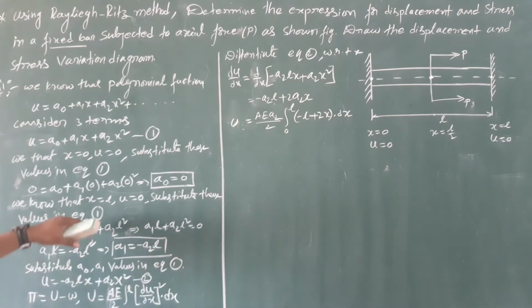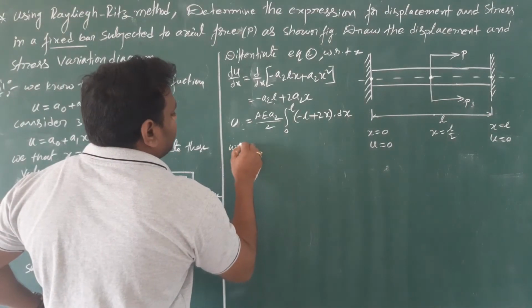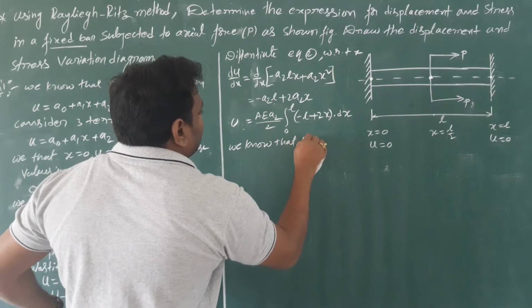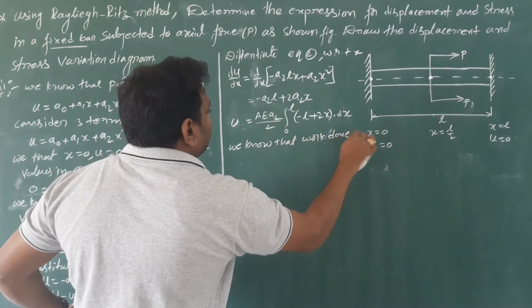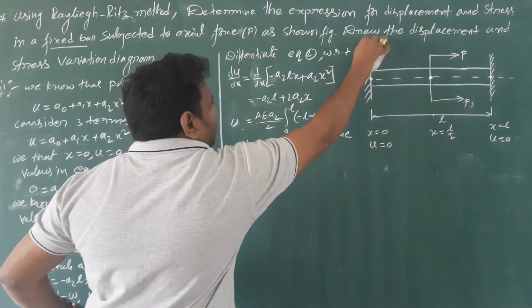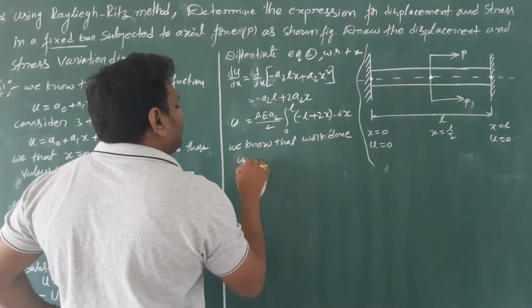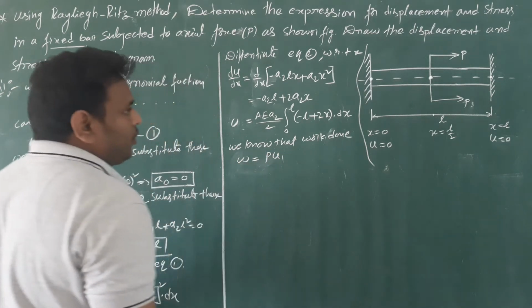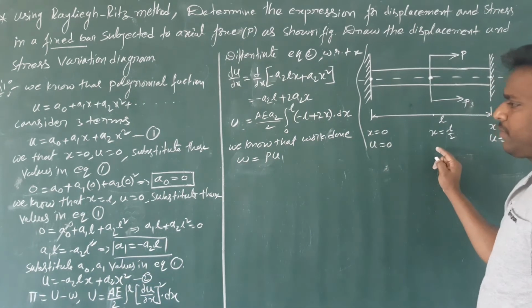Now we find the potential, the work done. We know that work done W is equal to P into U1, where U1 is the displacement at the middle.